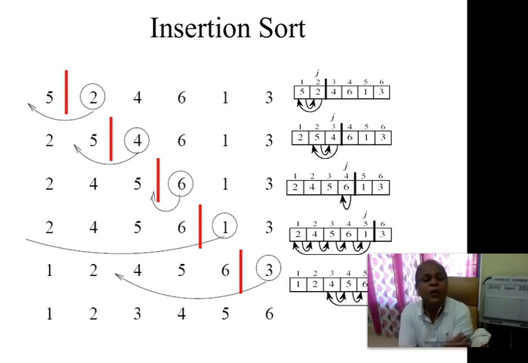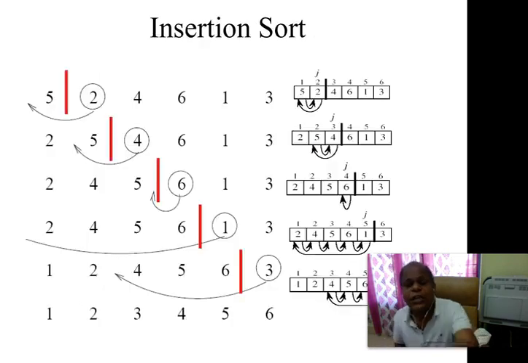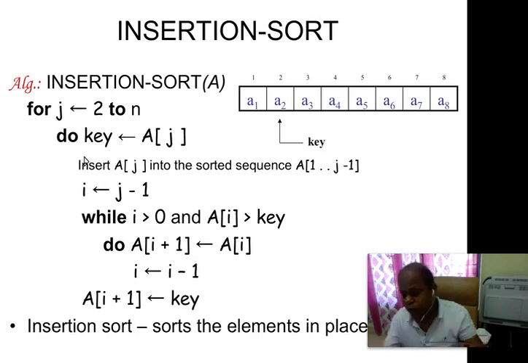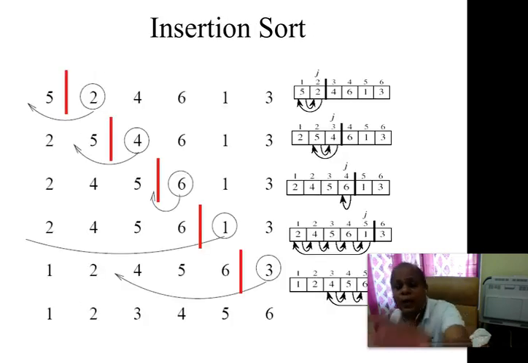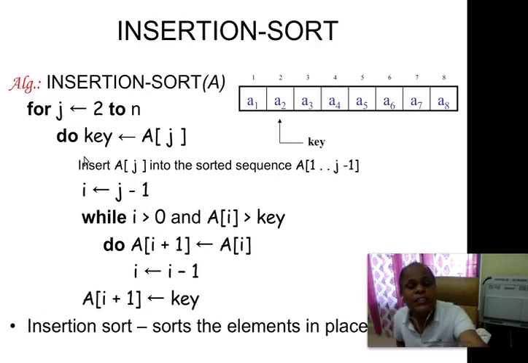While j goes from 2 to 6, first of all j will be 2. If j is 2, the key is equal to a[j]. That means your key element will be 2 and your i value will be j minus 1, hence i will be 1.